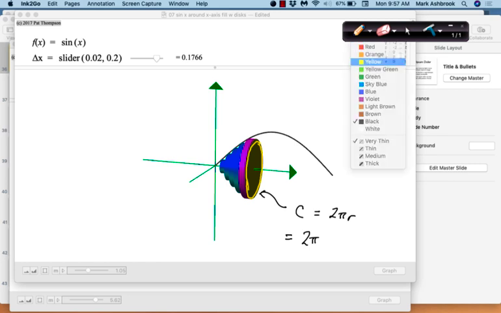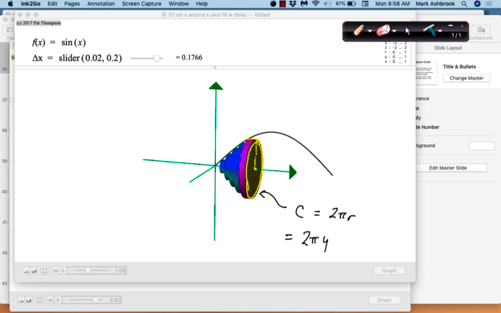X coordinate, y coordinate, big change in x, big change in y. But big change in y from the x-axis, which is the y coordinate, right? So this is 2 pi y. We need that in terms of x, because x is our independent variable. Y is sine x. But in general, we could say 2 pi f of x, right?